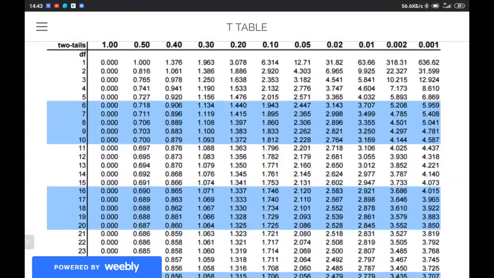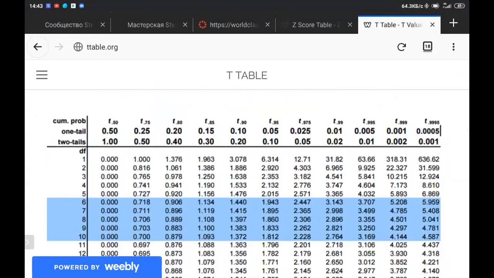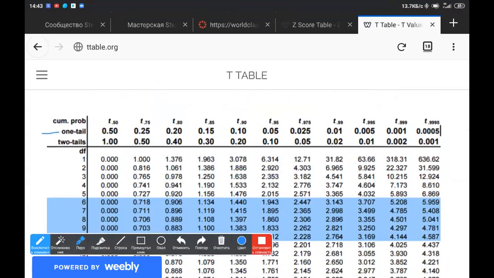So here, if you look, we have significance levels, and we have them both for one-tail tests and two-tail tests. We chose a significance level of 1%. So it's here, this column.